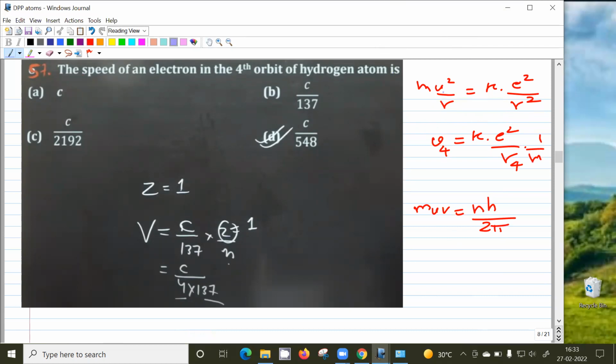This is one equation, from equating the centrifugal force to the electrostatic force, and this is the second equation between V and R.